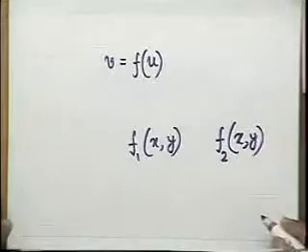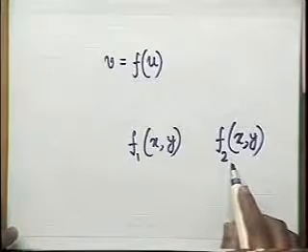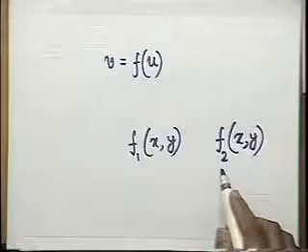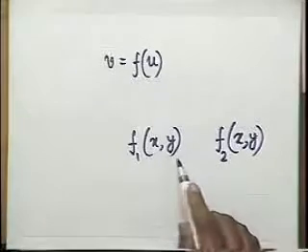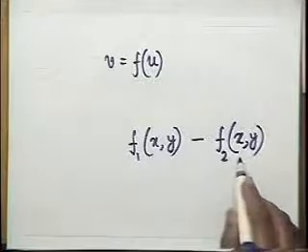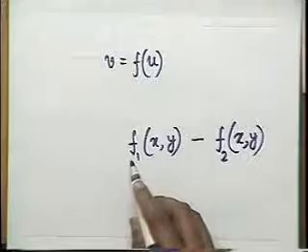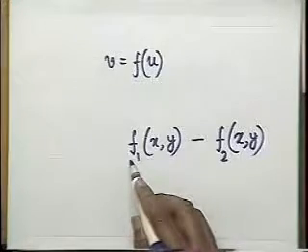So I am taking two images whose intensity functions are f1 and f2. Now at a particular point xy, if I subtract the intensity of the second image from the first one, what I get is a difference image.